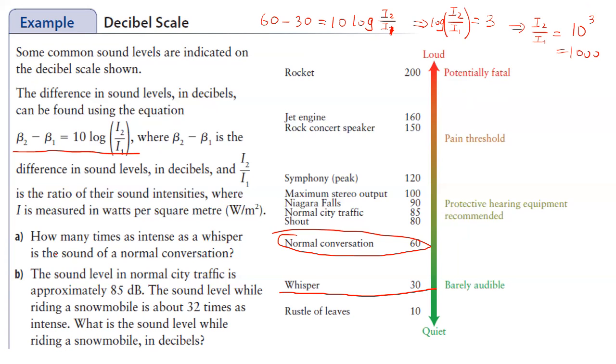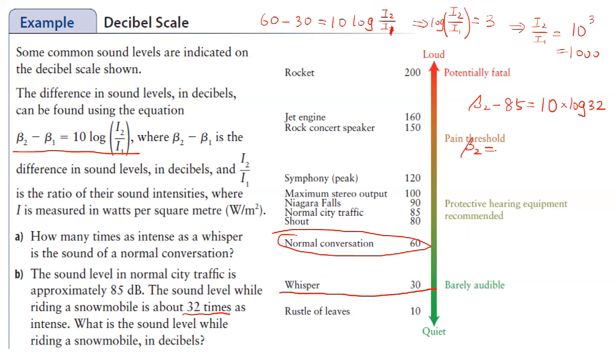Okay, question B. The sound level in normal city traffic is approximately 85 decibels. The sound level while riding a snowmobile is about 32 times as intense. What is the sound level while riding a snowmobile in decibels? Again, if we put all these values in that equation, beta 2 minus 85 equals 10 times log base 10 of 32.